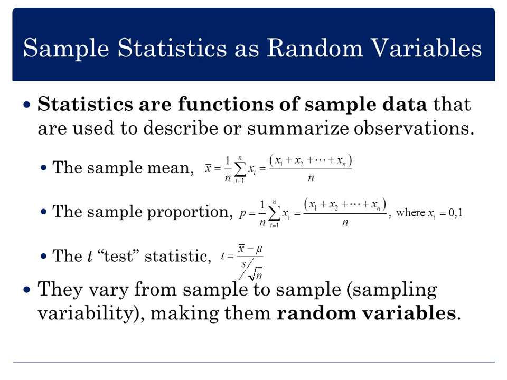So our sample statistics, again I want to reiterate, are really just random variables. The sample mean, the sample proportion, the test statistic T, those are all functions of our sample data. So if our X here is the CS score from the previous example, to compute the sample mean, I just add them all up and divide by the number of subjects in my sample.